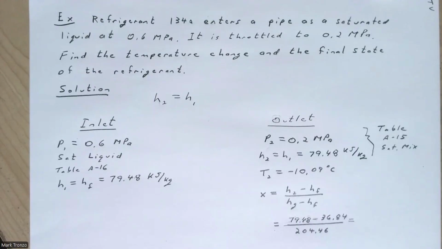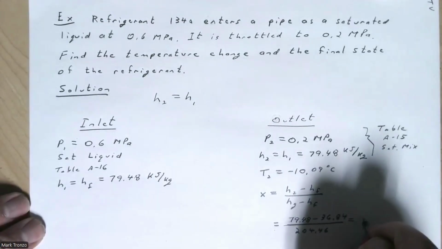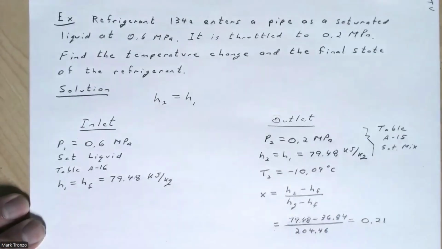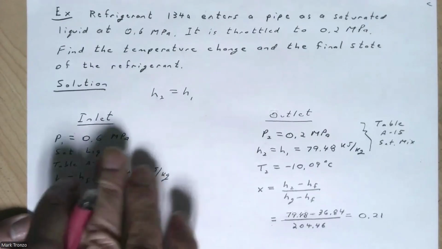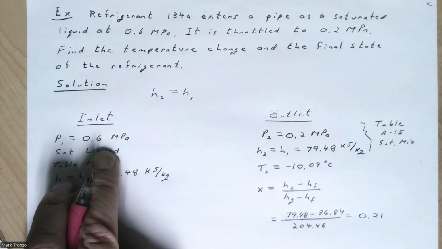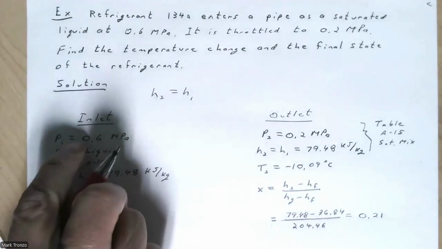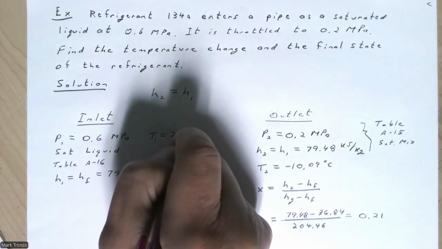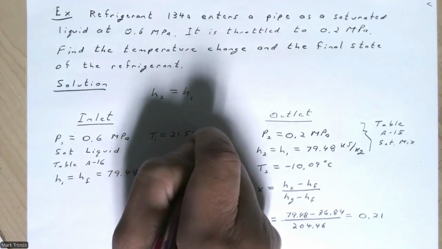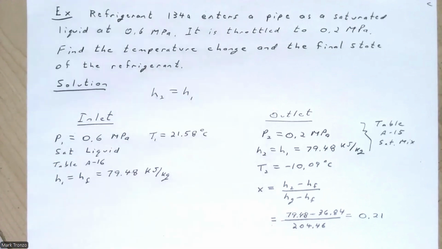So I looked up my values on that same row, the F, and the difference between Hg and Hf, and got these values. And when you put that into your calculator, it's about 0.21. So then again, the temperature change, it started out over here at 0.6, and at that inlet, if you look on the saturation table, the temperature was 21.58 degrees C.